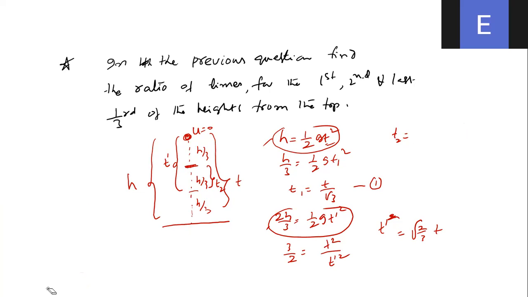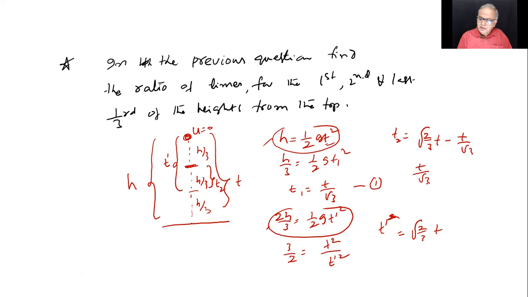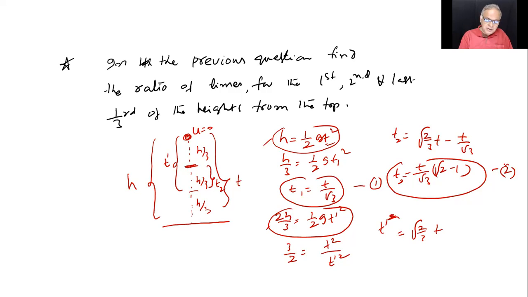That is root of 2 by 3 t minus t by root 3. If I take 2 by root 3 common, again root 2 minus 1, right? So t1 is here, t2 there. Now t3 will be very simple.